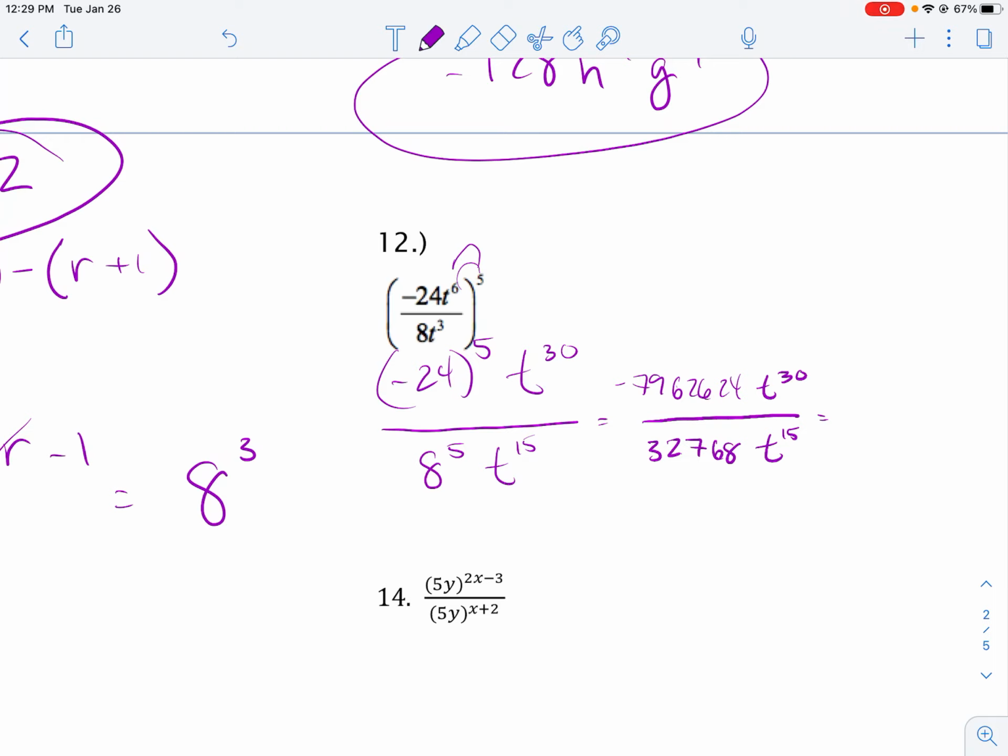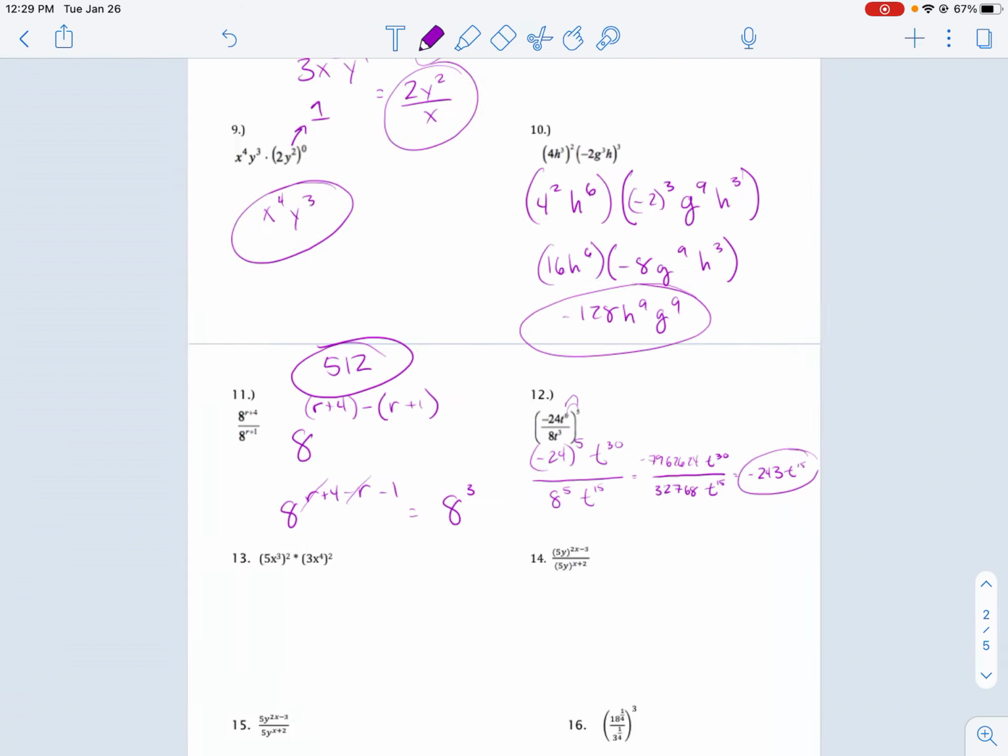Okay, so we get a nice, not too bad of an answer here. So we're going to get a negative 243. And t to the 30 divided by t to the 15th will give me t to the 15. Okay, not too bad. How many we got here? 2 more problems. All right, let's go.